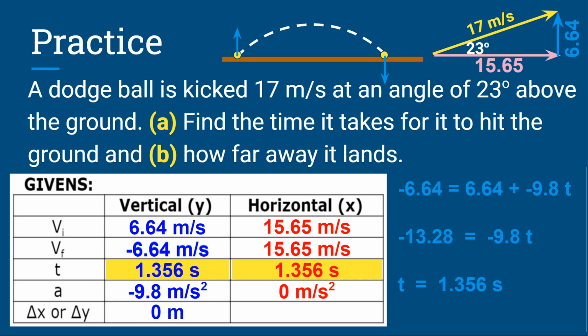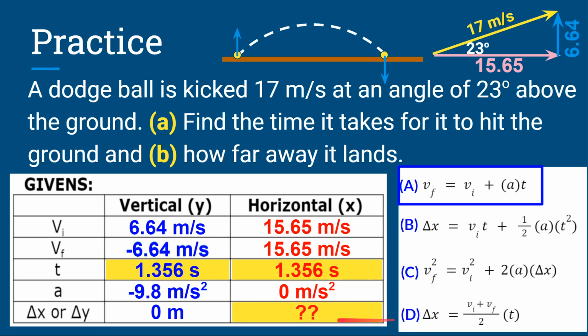And again, that is neither vertical nor horizontal. It's just time. I'm going to fill it into both sides of my table, because now I can use it to solve for the last piece, which is the horizontal range. Now that I know how fast it's going and the time horizontally, I can find the displacement horizontally. Going back here, if I want to solve for this last piece, I'm going to use equation D. Again, you could use equation B, because if you plug in a 0 here for A, this whole thing goes away and it's velocity times time, average velocity times time.